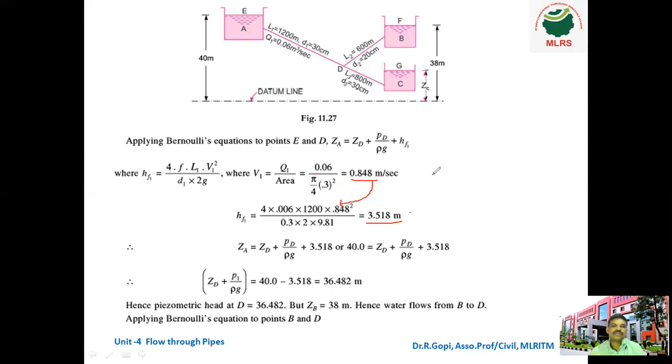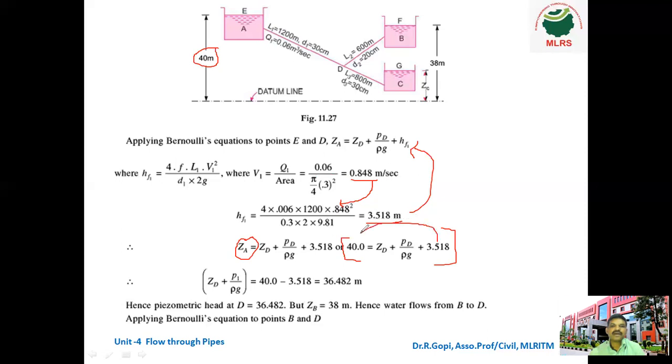So substitute all the values in this equation. ZA equals ZD plus PD by rho G plus 3.518. ZA is 40 meter, also given in the diagram. So 40 is equal to ZD plus PD by rho G plus 3.518.